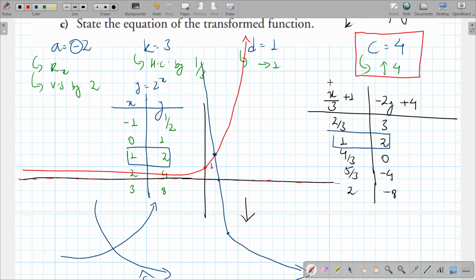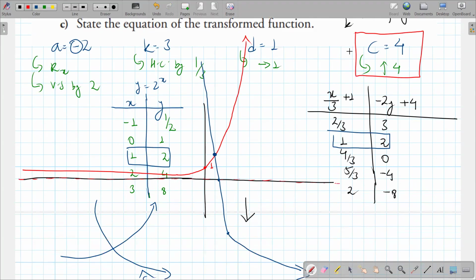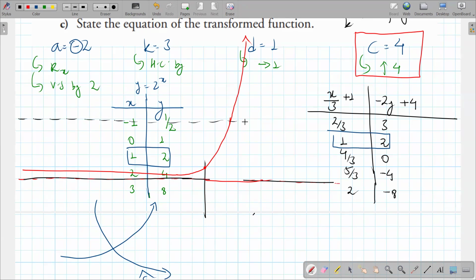So here, I didn't quite draw this properly. There should be an asymptote at positive 4. So technically this graph should be drawn differently. I drew it wrong here. Let me just fix this. So the fix is this. There's an asymptote at positive 4. So let's say this is the asymptote at positive 4.